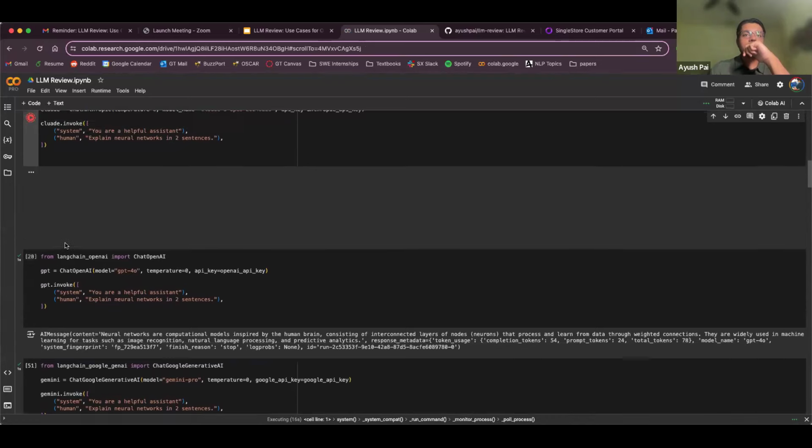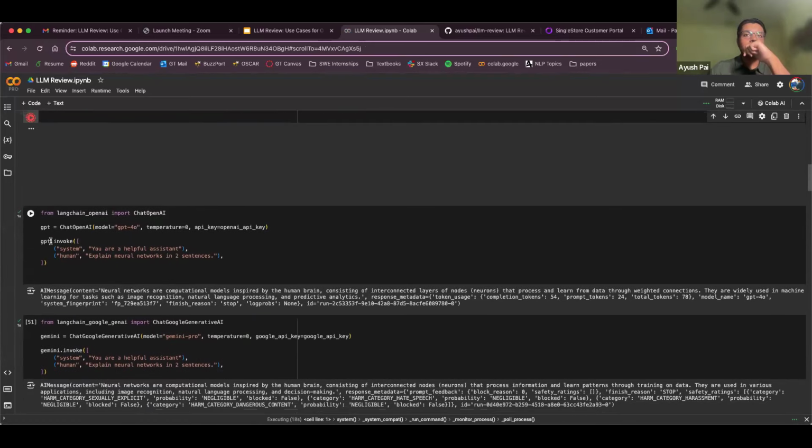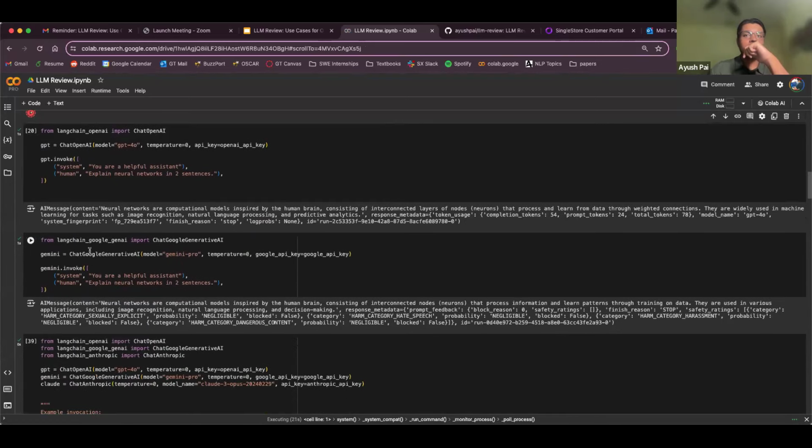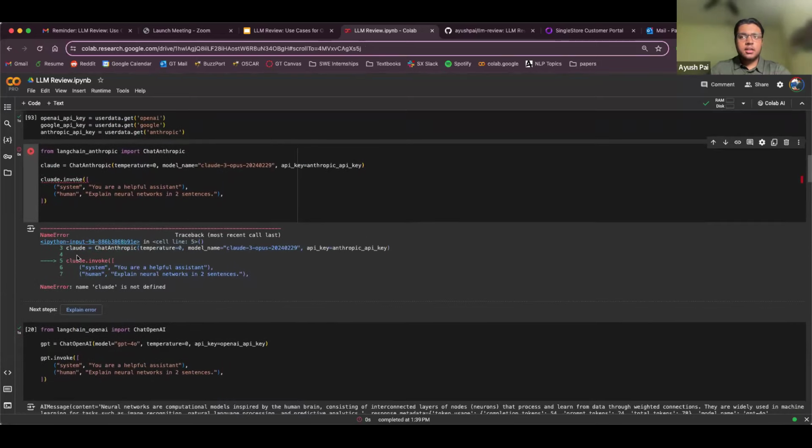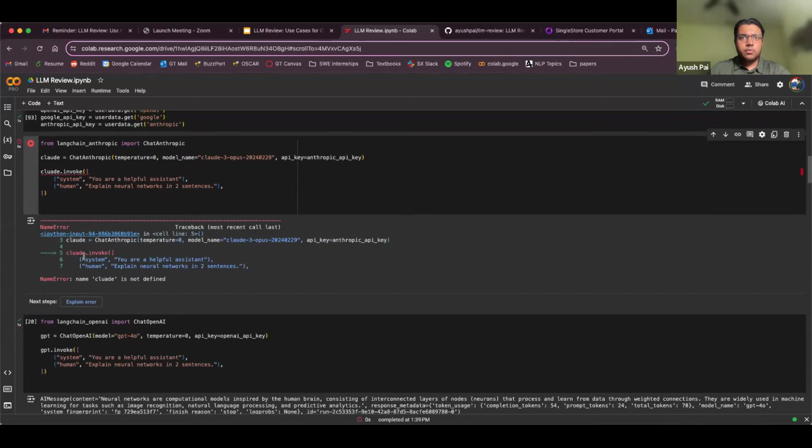And I'm just doing the same thing over here as well for OpenAI, and the same thing here for Google. I'm just testing out the LangChain integrations directly with that. I'm not really sure what the issue is here.